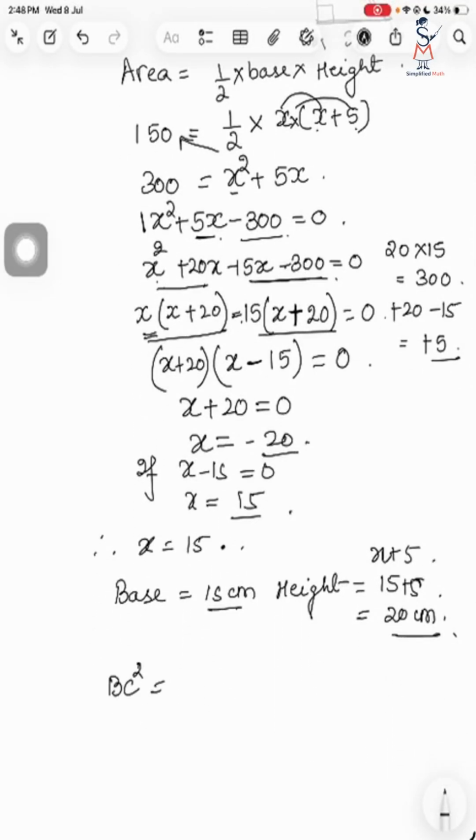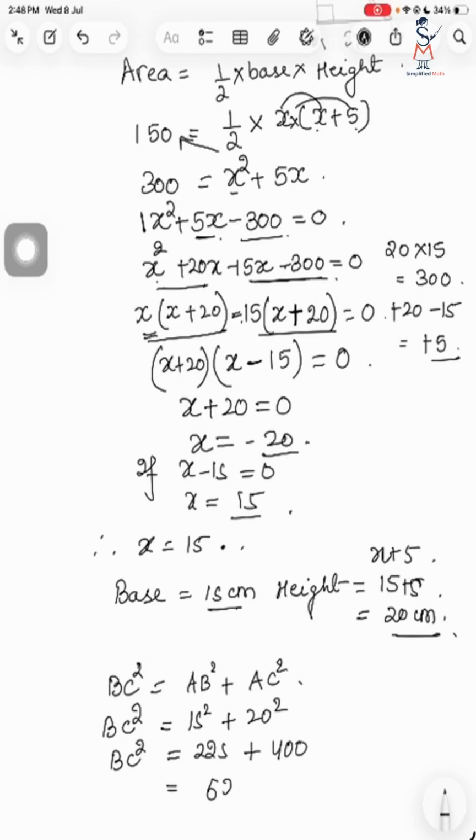BC square is AB square plus AC square, that is 15 square plus 20 square. 15 square is 225, 20 square is 400, which becomes 625.